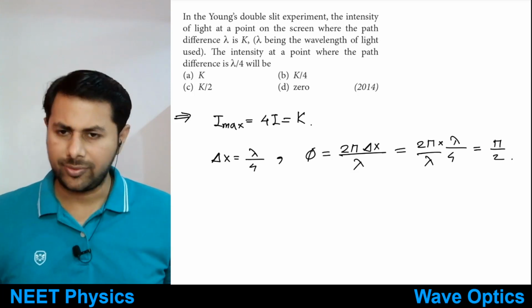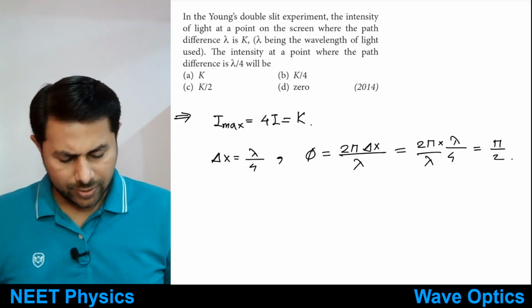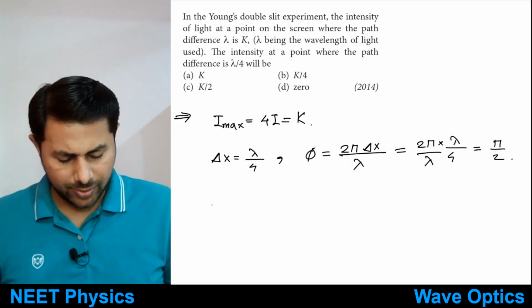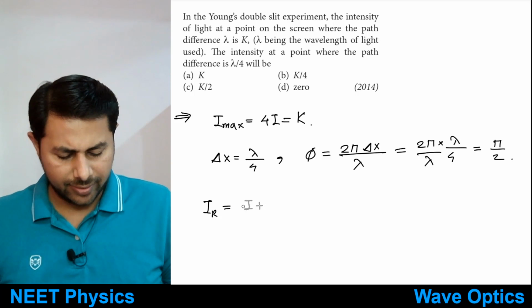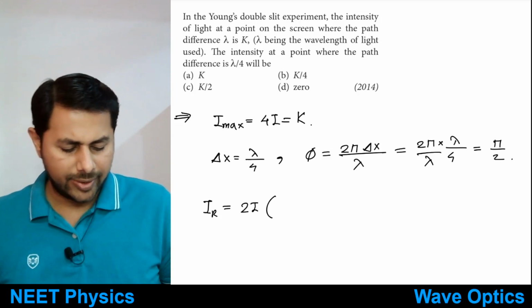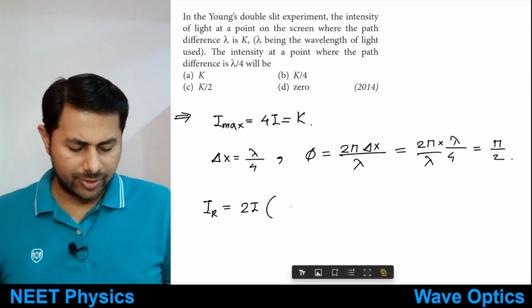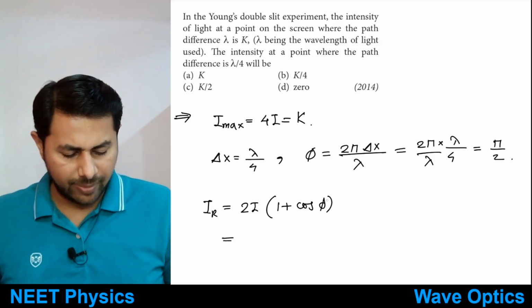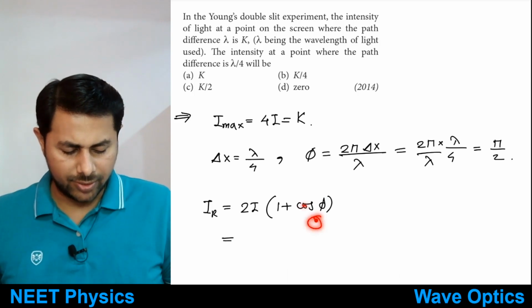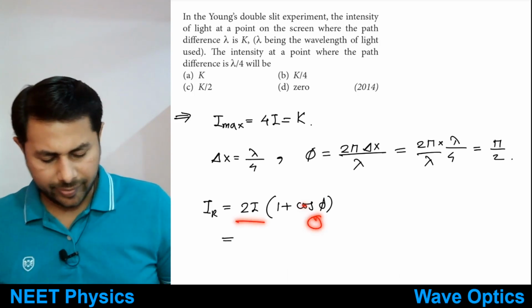We just solved this, no? Okay, so therefore what do we get? So resultant intensity would be equal to I plus I, or it's equal to 2I multiplied by 1 plus cos of phi, right? And cos of phi means cos of pi by 2, so that is 0, so it is 2I.